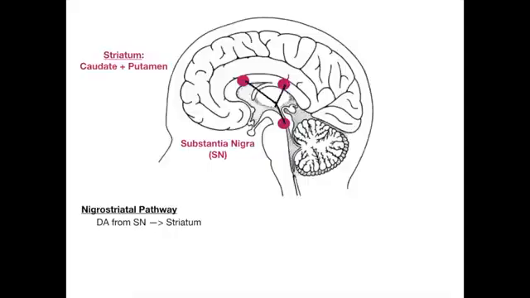When this happens, the decreased levels of dopamine not only affect the mesolimbic and mesocortical pathways, but also this nigrostriatal pathway. So with that in mind, what happens when you decrease levels of dopamine from drugs is that you cause Parkinsonism. Now, Parkinson's disease, organic to the brain, is due to decreased dopaminergic activity coming from the substantia nigra.